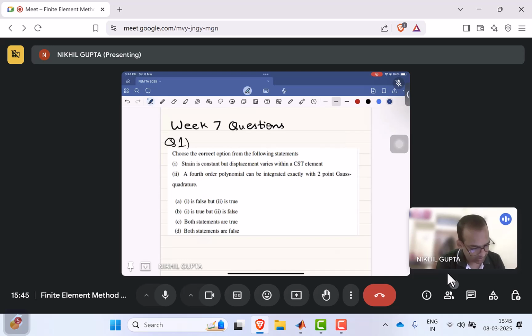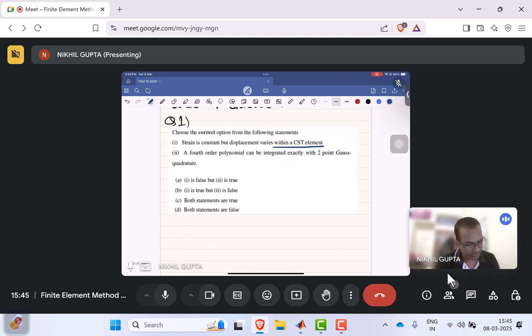Strain is constant, but displacement varies within a CST element. So there's a constant strain triangle, you know. Since the name also says constant strain triangle, strain is constant, but displacement is not constant.